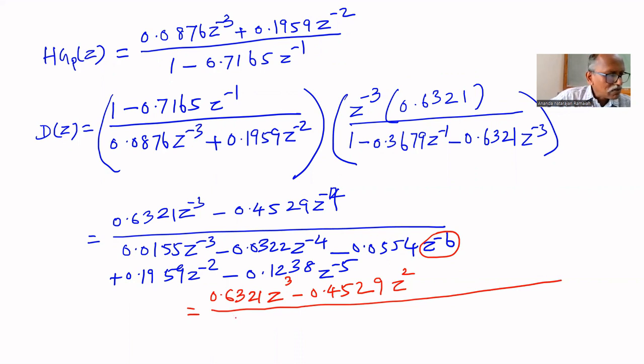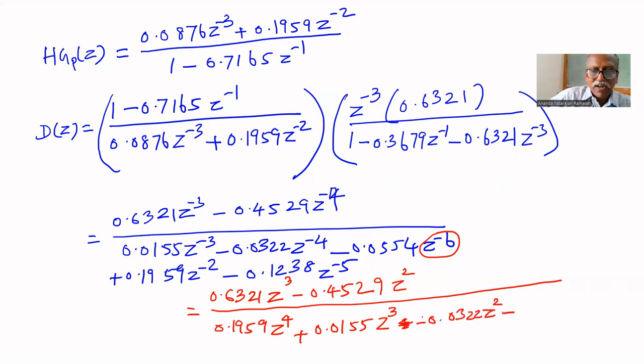Multiplying the denominator by z^6, you will get 0.1959 z^4 plus 0.0155 z^3 minus 0.0322 z^2 minus 0.1238 z minus 0.0554. This is the controller.